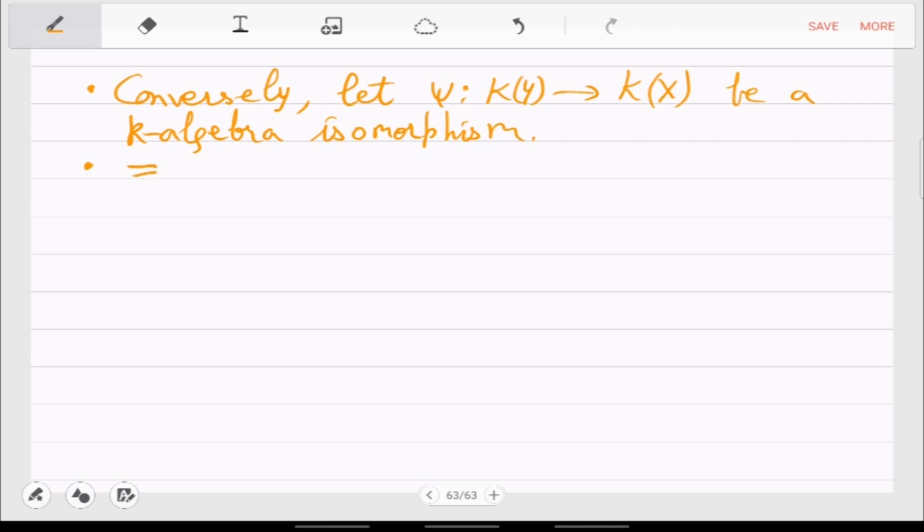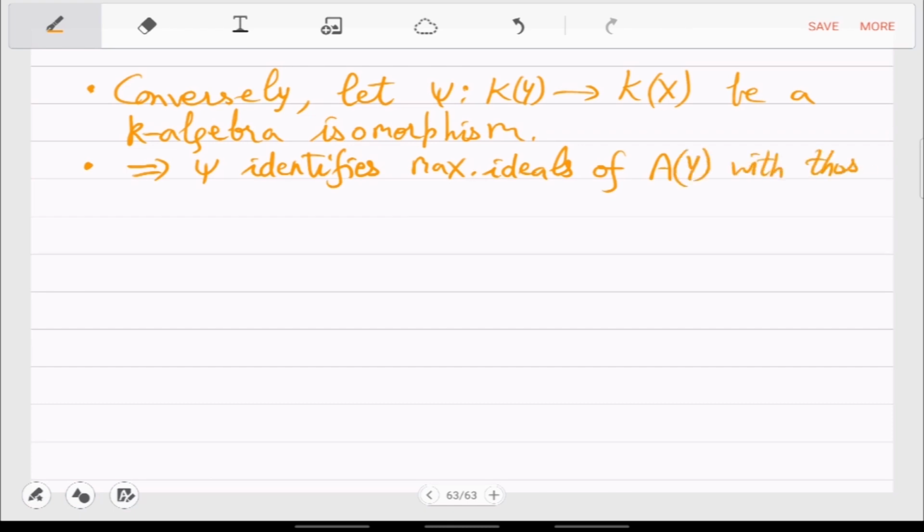So this means that psi identifies the max ideals of AY with those of AX. Okay, so at the level of the coordinate ring, you have an association between the max ideals.